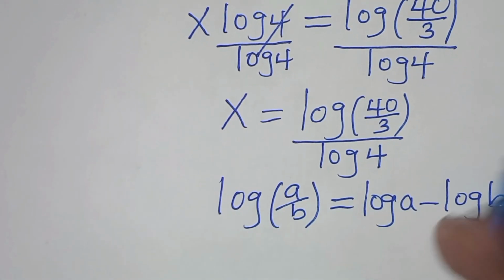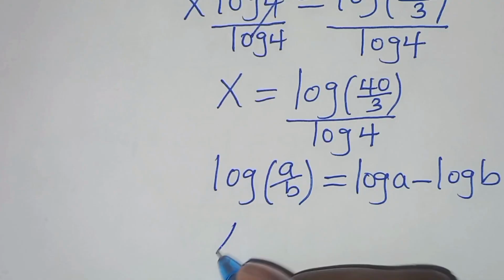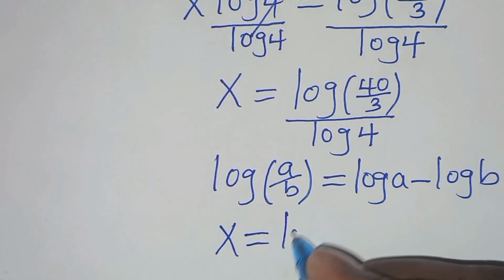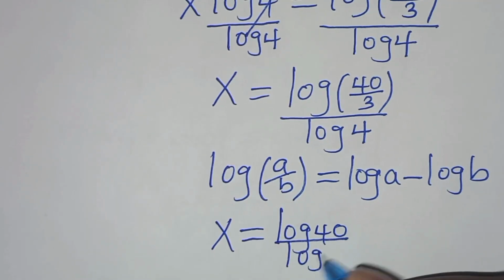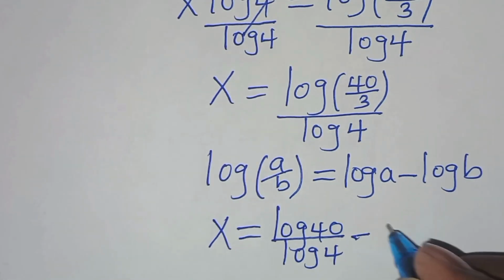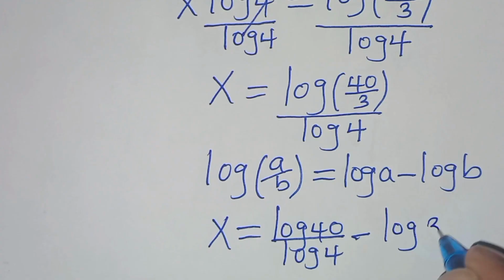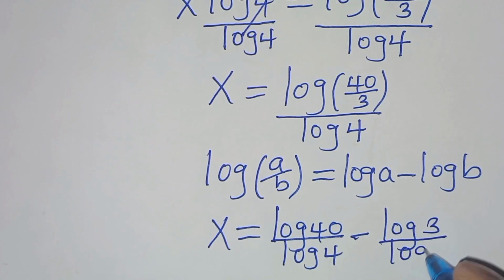Applying this logarithm property, then we'll have that x will be equal to log 40 divided by log 4 subtract log 3 divided by log 4.